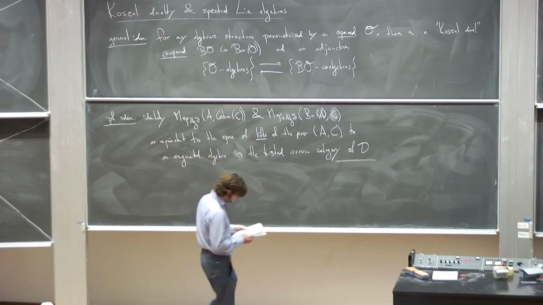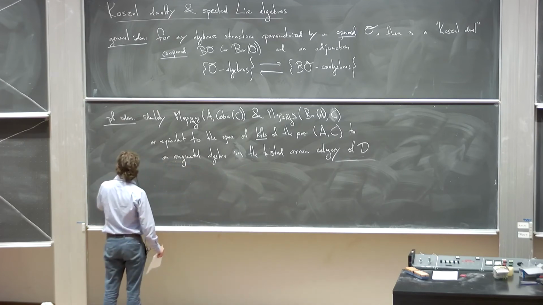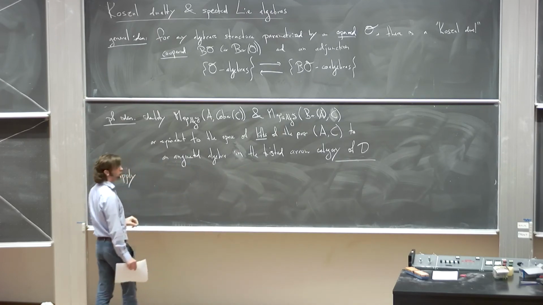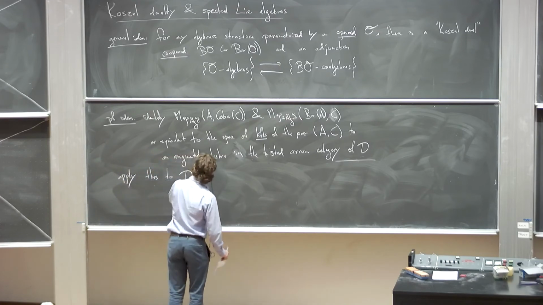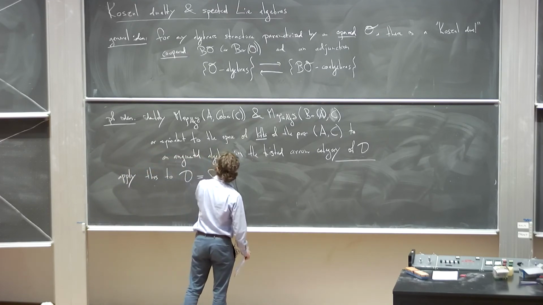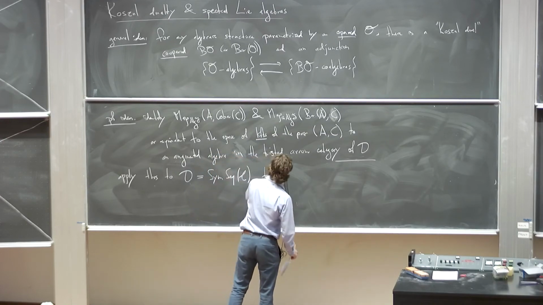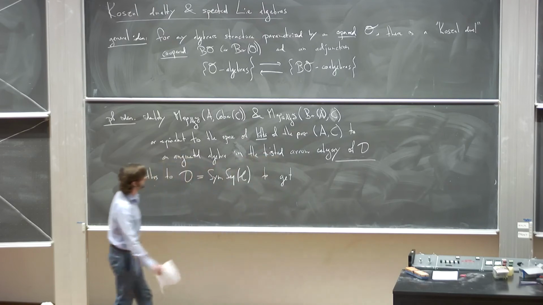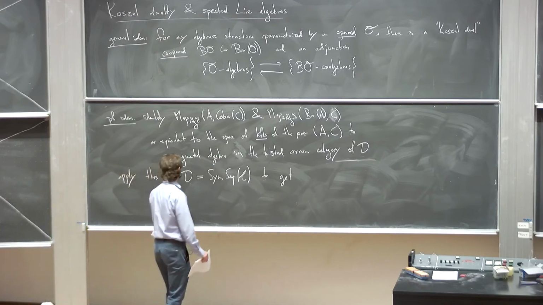Okay. Right, great. So we're going to apply this Bar-cobar duality to the particular example that we care about here. So we apply this to D is symmetric sequences in C. Okay? So this Bar-cobar duality is going to give us an adjunction between augmented algebras and augmented coalgebras in symmetric sequences, and that's what we were calling operads and cooperads.